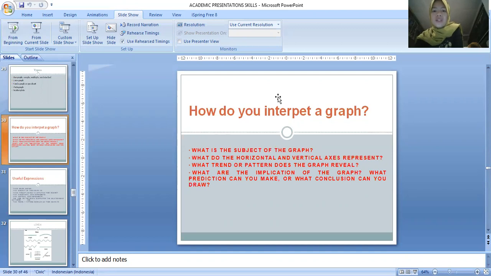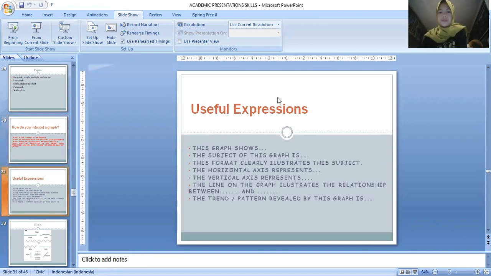What does the vertical axis represent? And then after that, what trend or pattern does the graph reveal? Yeah, the pattern. Please pay attention to the pattern that the graph reveals. And then what are the implications of the graph? What prediction can you make or what conclusion can you draw?